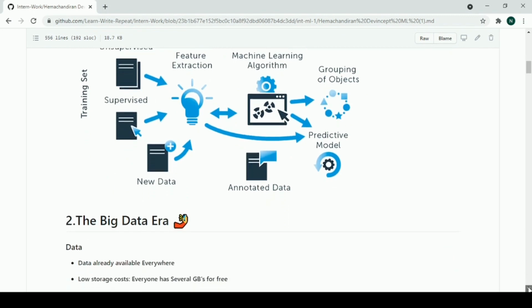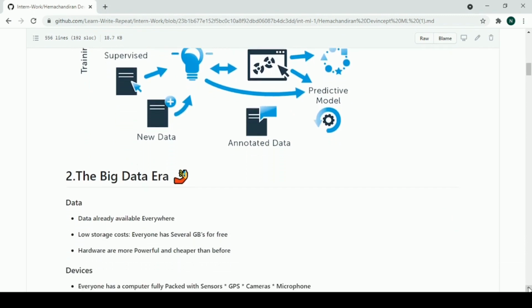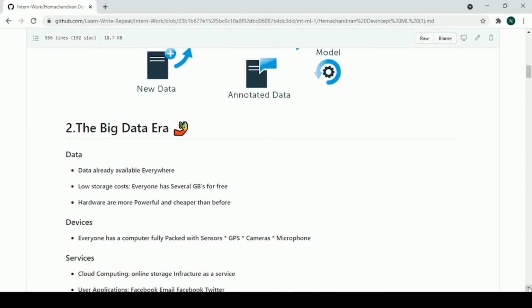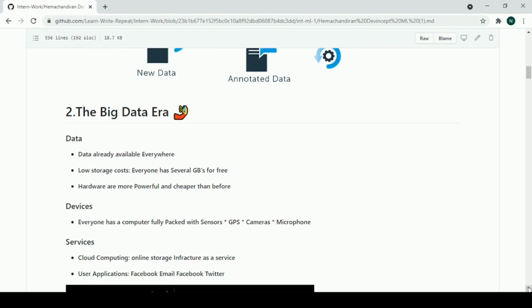Now proceeding towards the topic, the big data era. It involves three things: data, devices, and services. Data we know is available everywhere around the world, and everybody can access it. Everyone has several GBs for free, and hardware is more powerful and cheaper than before because mostly work relies on software.